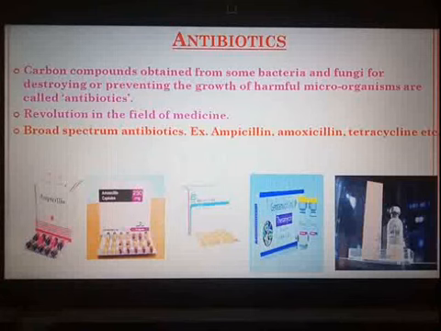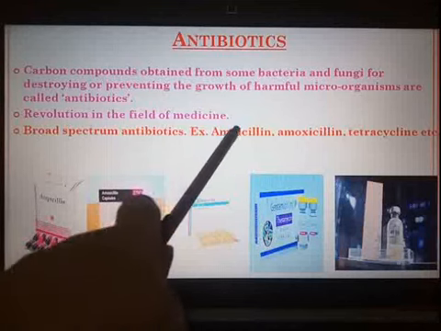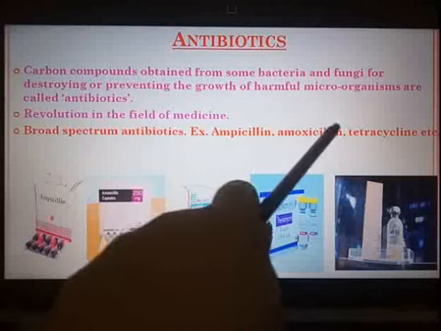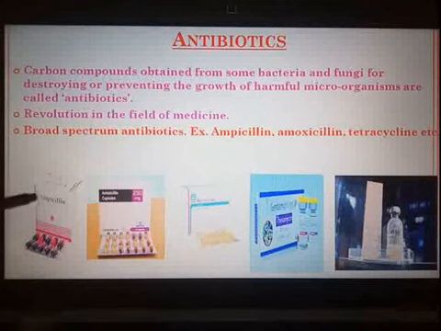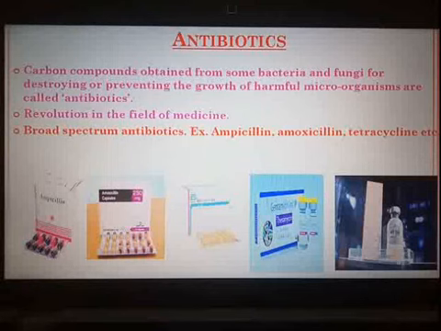Hence they are called broad spectrum antibiotics. Examples of broad spectrum antibiotics are ampicillin, amoxicillin, tetracycline, etc. If you search for these names on Google, you will be able to see. Amoxicillin, you are familiar with the term mox, tablets which are given by the doctor when you suffer from high fever or cold and cough.